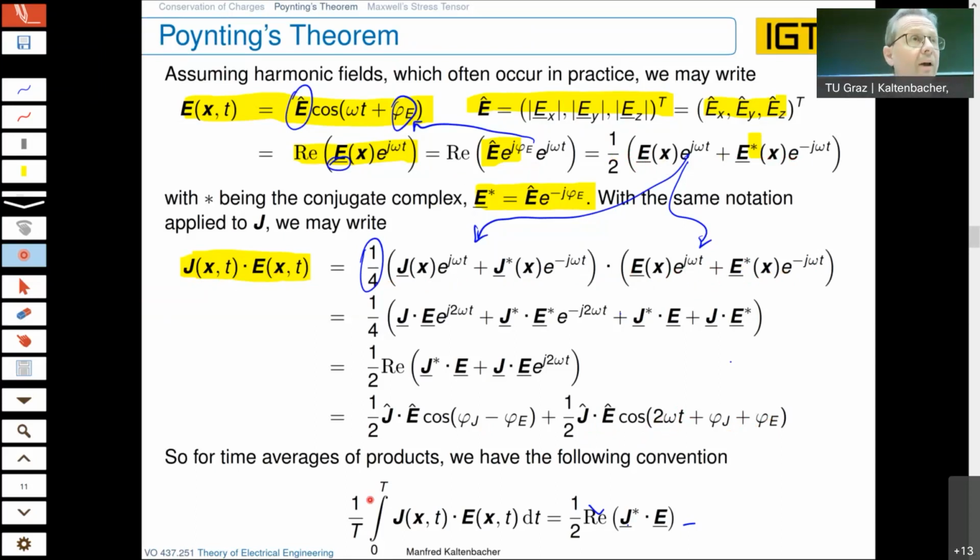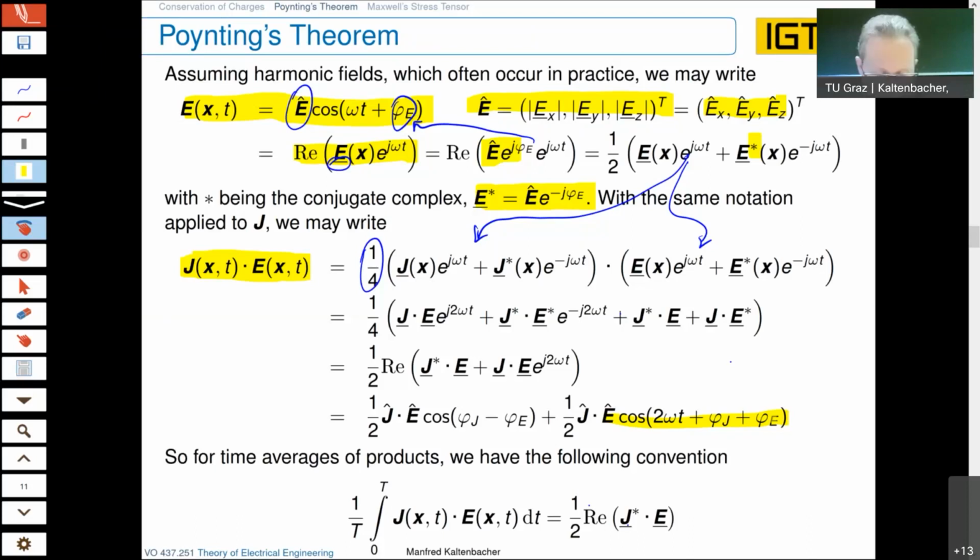And if you now integrate over the time period, then what cancels out is this part here, because if you have a cosine or a sine function integrated over 1 period, and whether it has the frequency directly or twice the frequency is not of interest, you have exactly the same amount of positive area as negative.